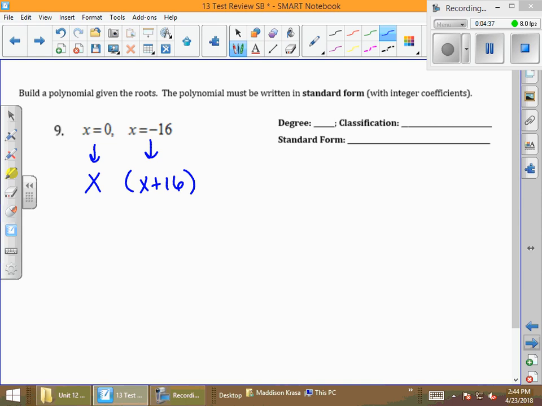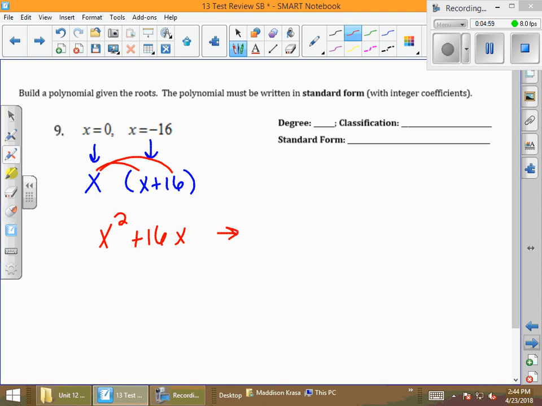Now, if we look at these, we weren't really told any different degrees on them, so we're going to assume that they're good how they are. If we wanted to solve this, we would just distribute this x to the x and the 16. So we'd get x squared plus 16x. And that's our standard form.